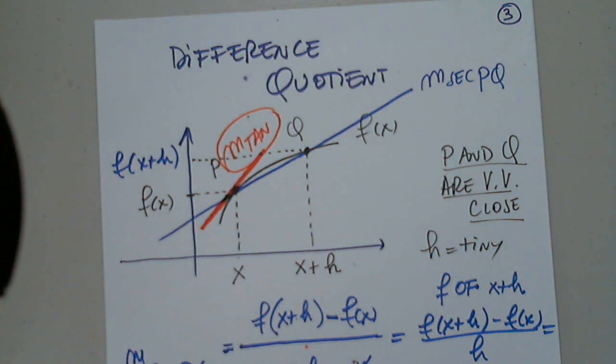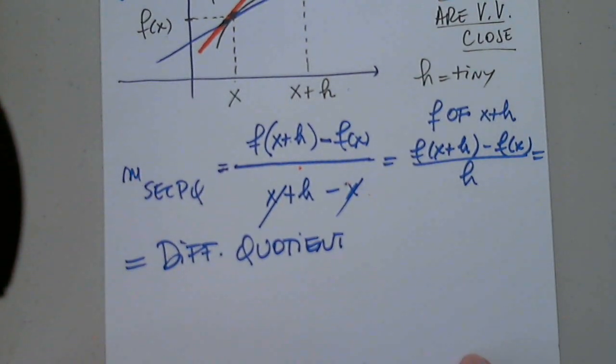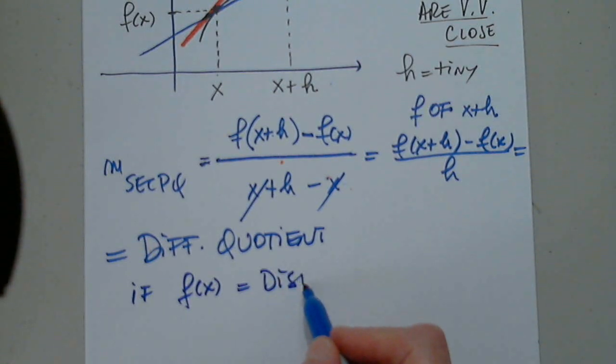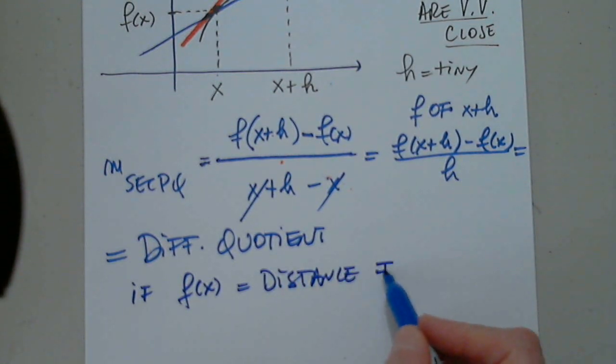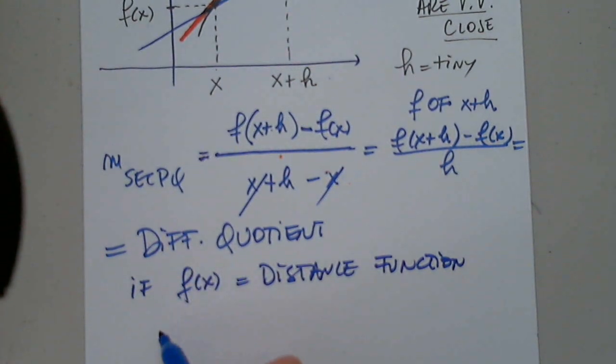Now why do I need the slope of the tangent line? Who cares about it? Well, here is one explanation. If, let's say, f of x is the distance function, what will the slope of the tangent at P represent?